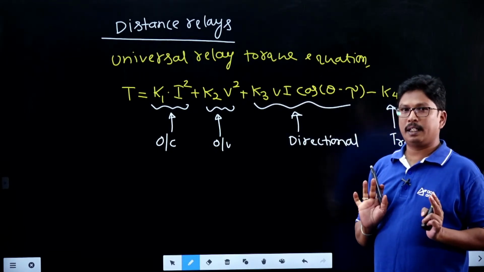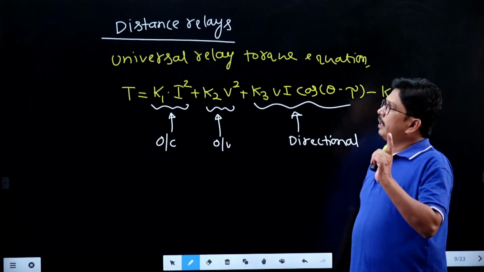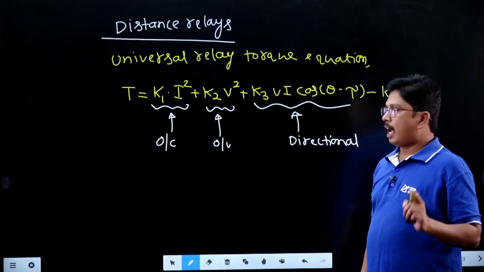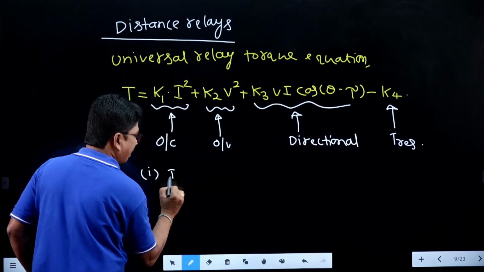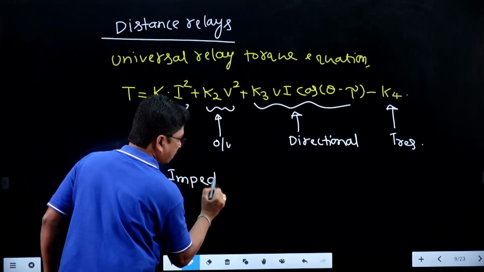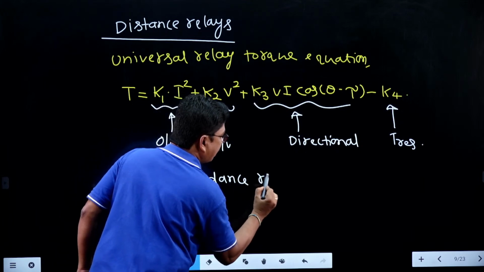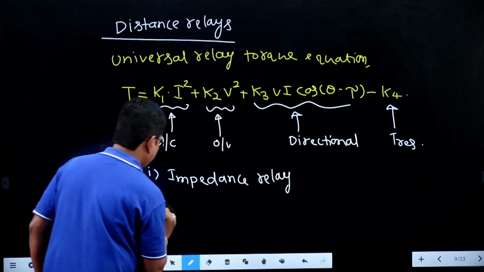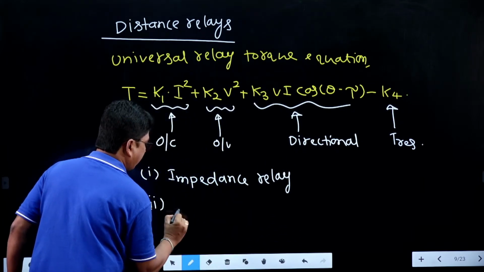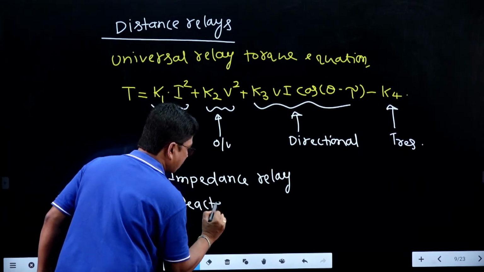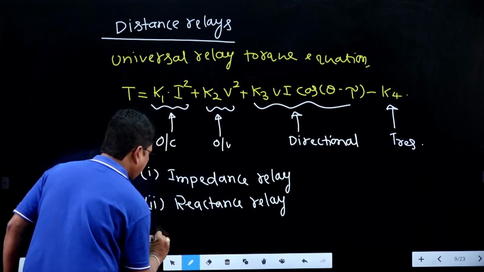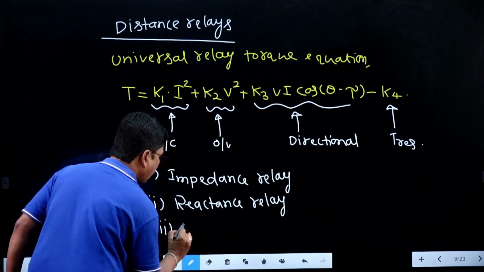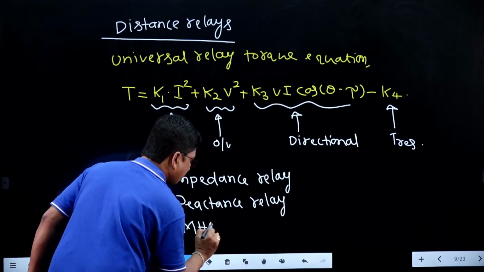Clear everybody? Now, in case of distance relays, we are having the classification: first one is impedance relay, second one is reactance relay, and the third one is mho relay or admittance relay.